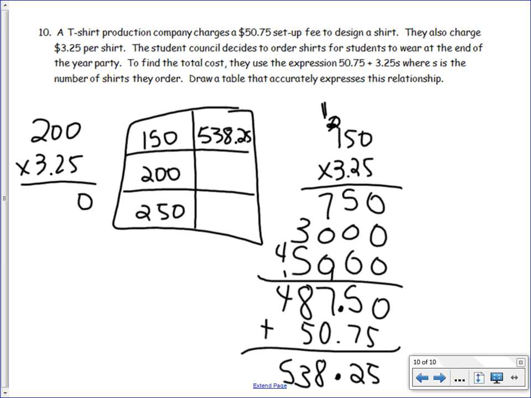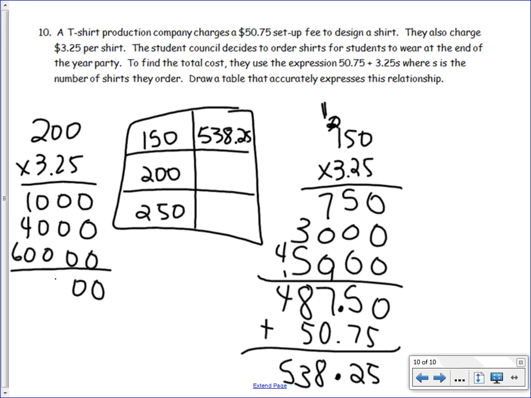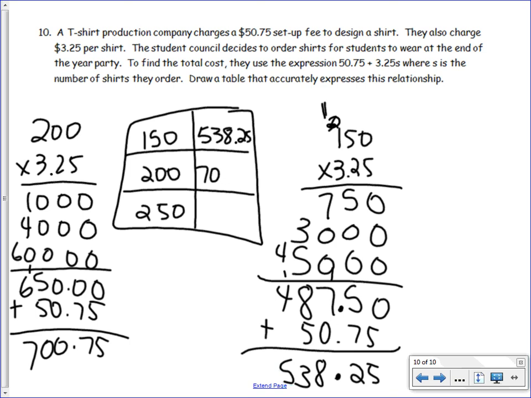So I'm going to do 0, 0, 10, 0, 0, 0, 4, 0, 0, 0, 0, 6. 2 decimal places, so that's $650, plus $50.75. And that will give you $700.75.